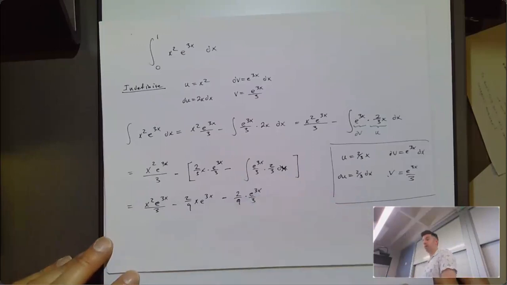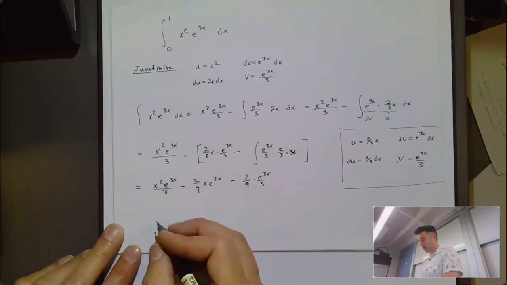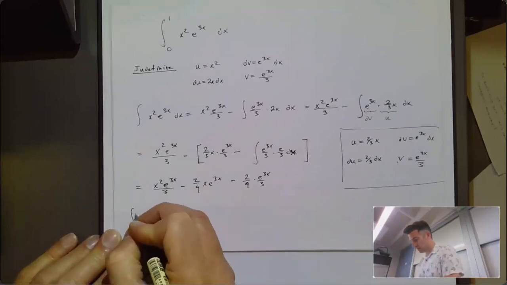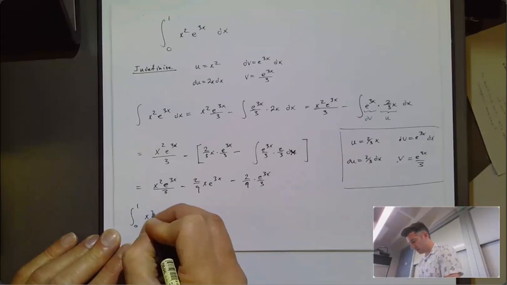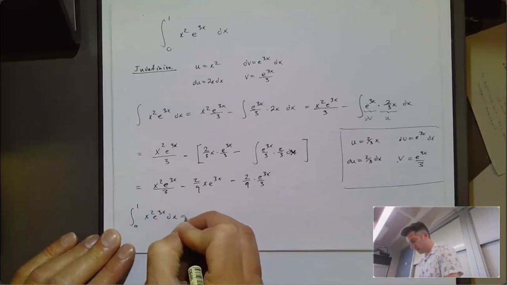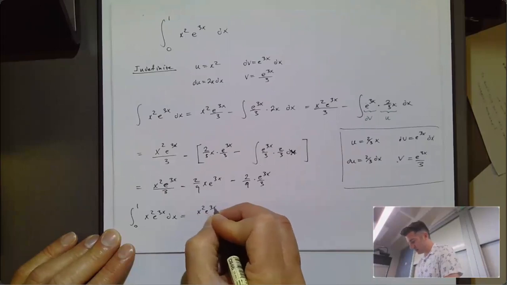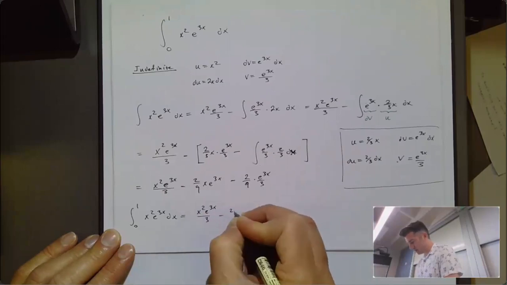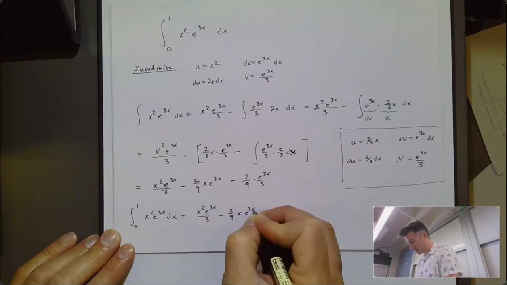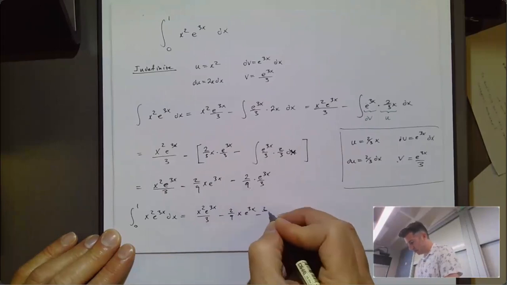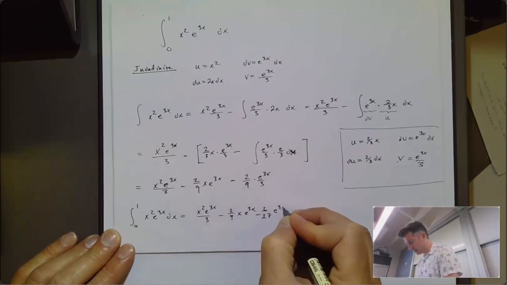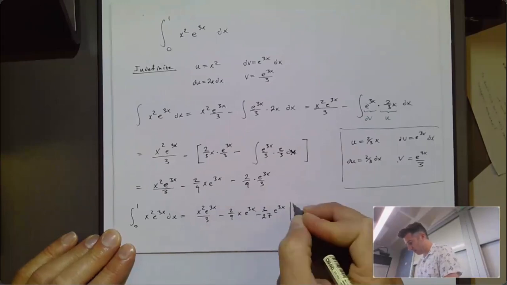Cool. So then we can go back and say, all right, the integral from 0 to 1 of x squared e to the 3x dx is this whole thing, x squared e to the 3x over 3 minus 2/9 x e to the 3x minus 2/27 e to the 3x, evaluated from 0 to 1.